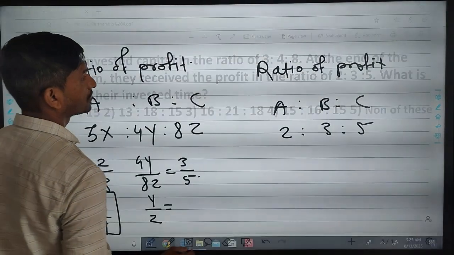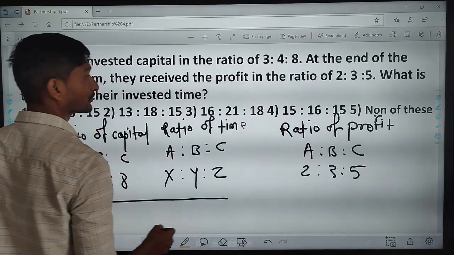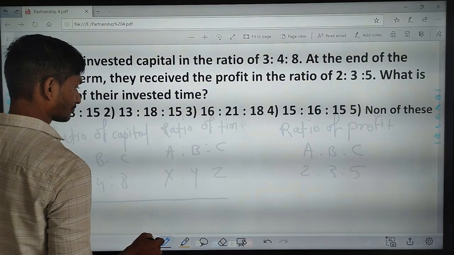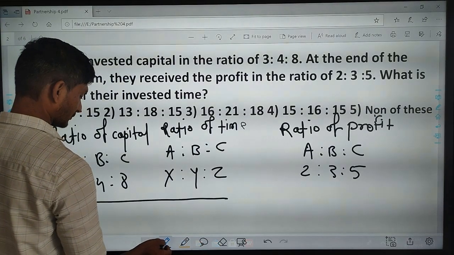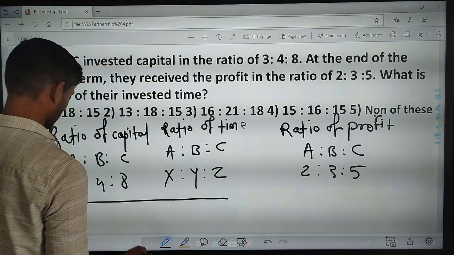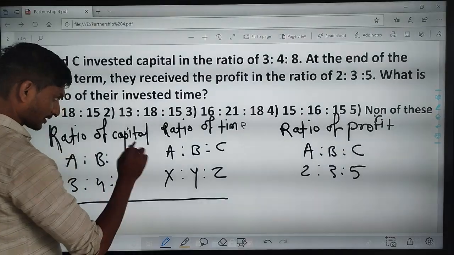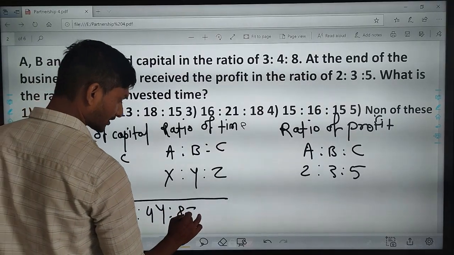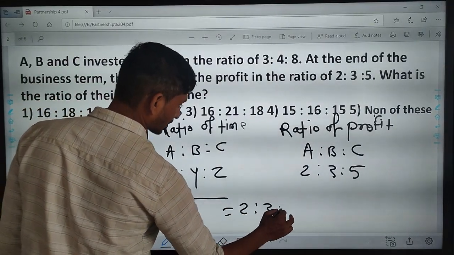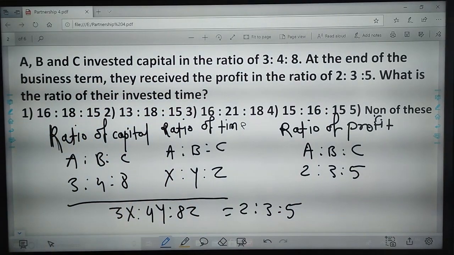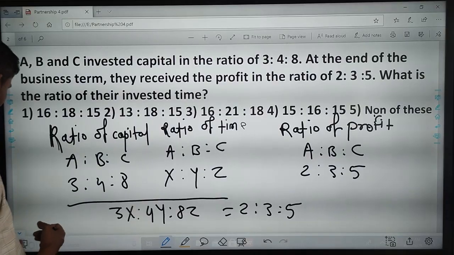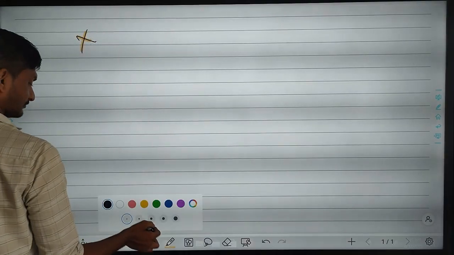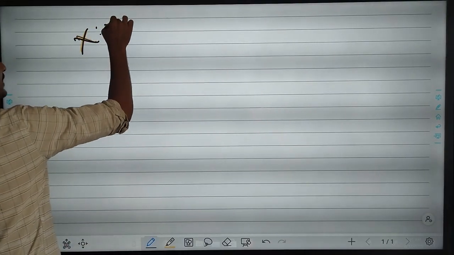For the ratio of profit, we write 3x, 4y, 8z, that is 2 as to 3 as to 5. Now we find the value of x as to y as to z.